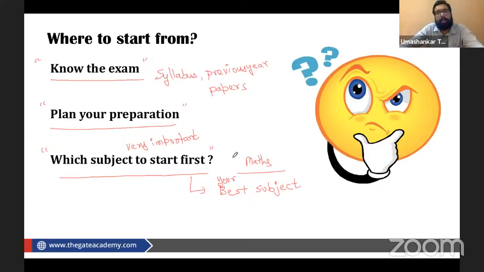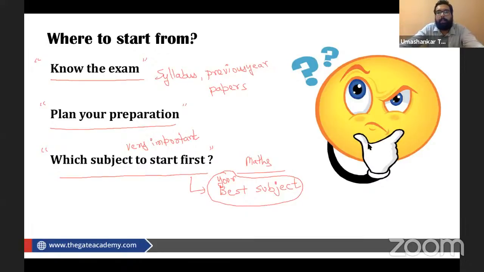Start with mathematics. It is the best situation because in almost all the subjects of engineering, mathematics is somehow applicable. But why do I say you must start with your best subject? Because when you start your GATE preparation, it is very, very important that you keep up the motivation.